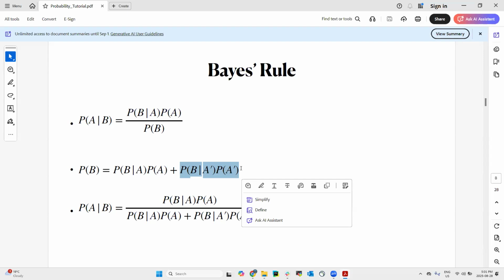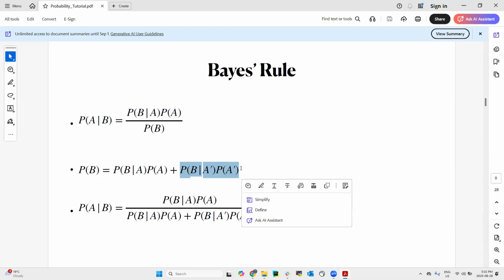So A and A complement are two disjoint events, and if we find the union of them, we get the sample space. You can think about it as people having COVID or not having COVID. You can divide everyone in the world based on whether they have COVID or not. People who have COVID are separate from people who don't, so they're mutually exclusive, and the union of all of them is the sample space, the whole world.